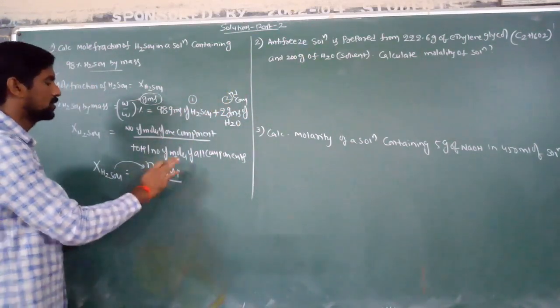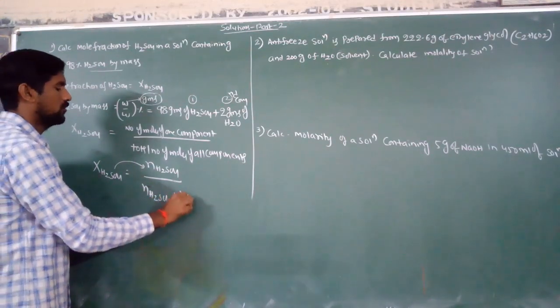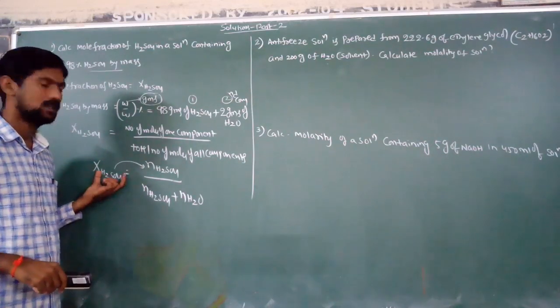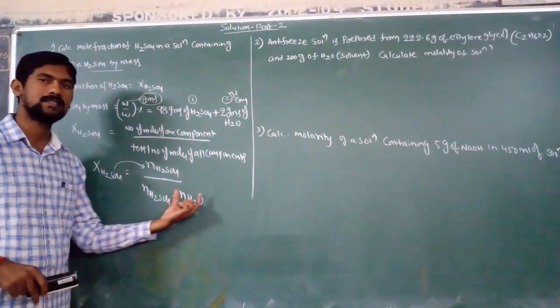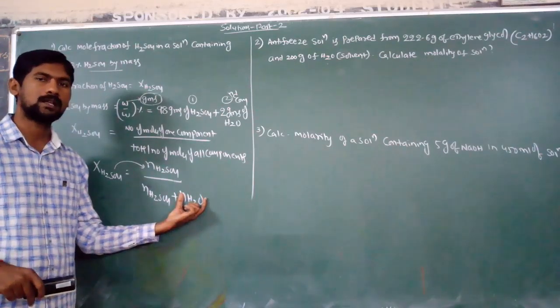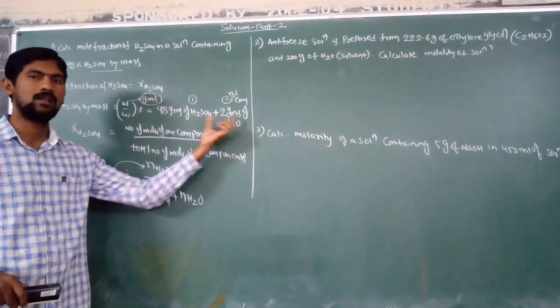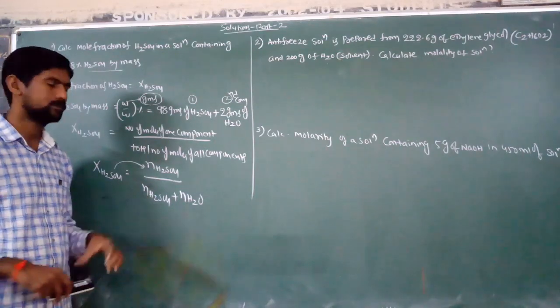So add the number of moles of sulfuric acid and the number of moles of water. This is the mole fraction of sulfuric acid: number of moles of sulfuric acid by number of moles of sulfuric acid plus number of moles of water. Both components are taken in the denominator.